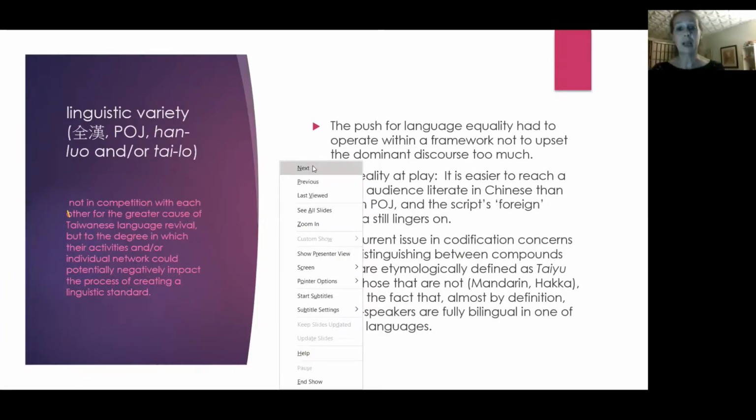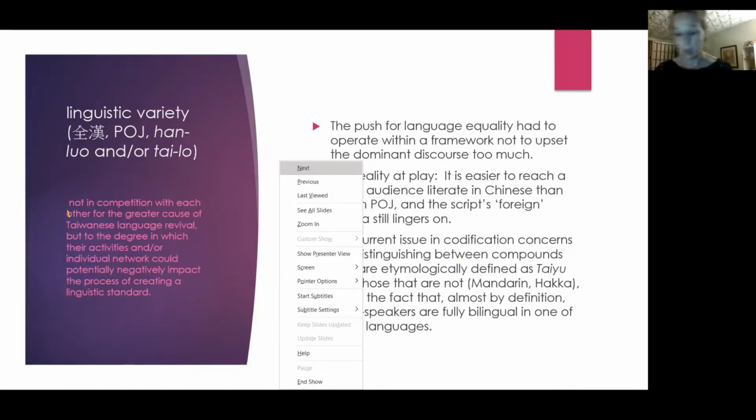So the push for language equality has to operate within a framework, not to upset the dominant discourse too much. There is also a reality at play, which is an issue with the codification too. It's easier to reach an audience that is literate in Chinese, in Mandarin, than one in romanization, if you want to organize conferences and so on.